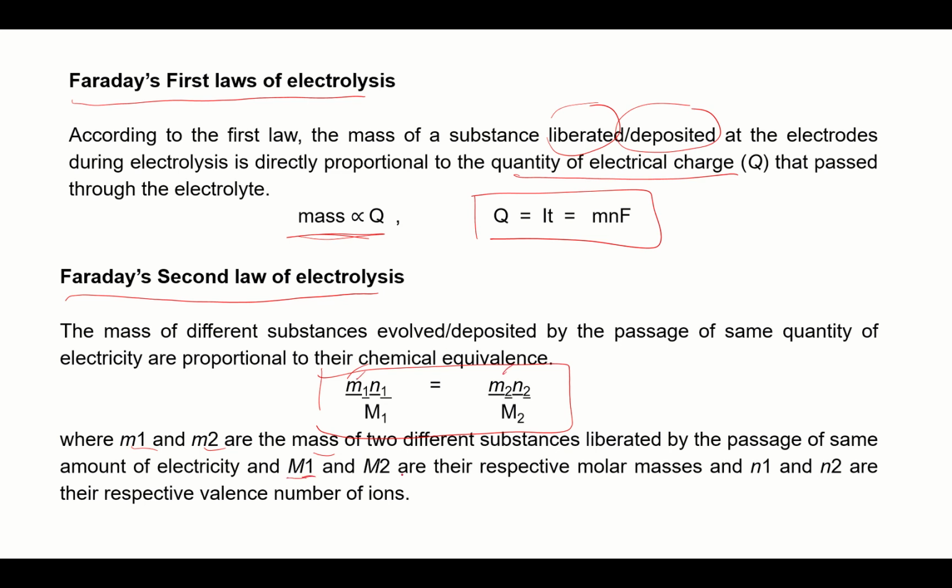Capital letter M1 and M2 are the molar masses for substance 1 and substance 2, and n1 and n2 are the valence number or oxidation number for element 1 and element 2. So you should relate the 1 and 2. They should have the same ratio between 1 and 2 if you use the same quantity of Q, electricity, for the deposition.